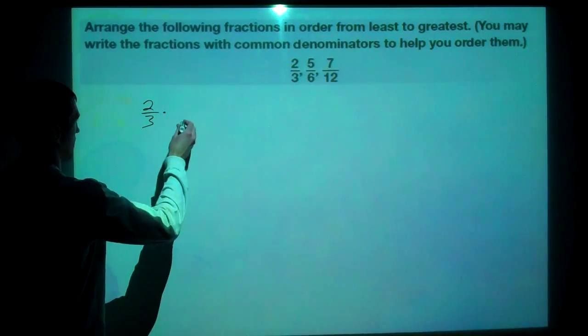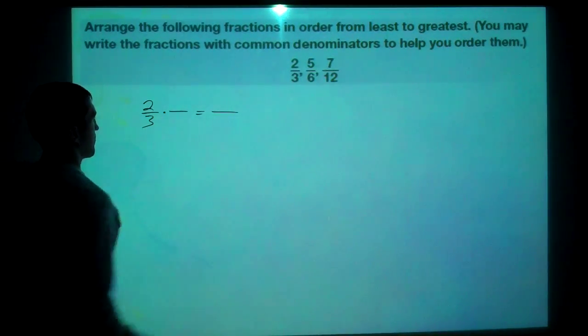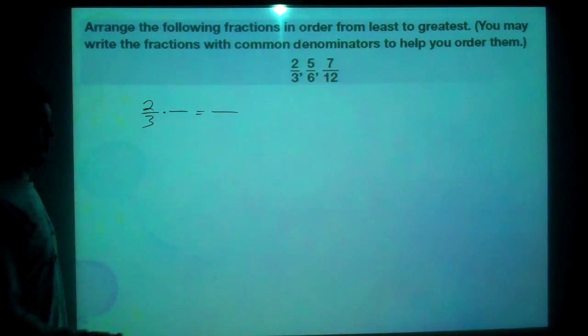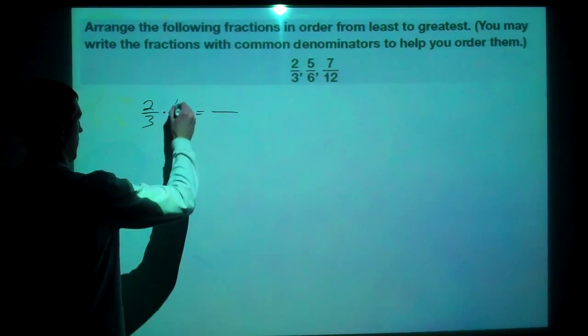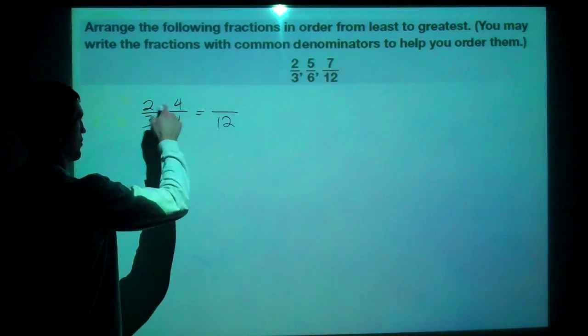So 2 over 3, we have to multiply that by 4 over 4 in order to get 12 on the bottom. So we want 12 over here. So 3 times 4 is 12, 2 times 4 is 8.